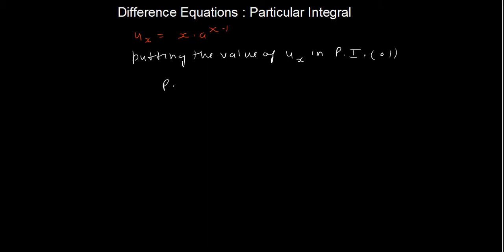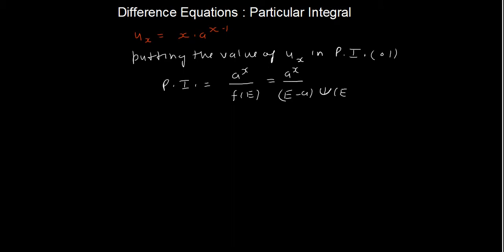Particular integral equals e to the power x upon f of e, equal e to the power x. E minus a is the one factor, phi(e).